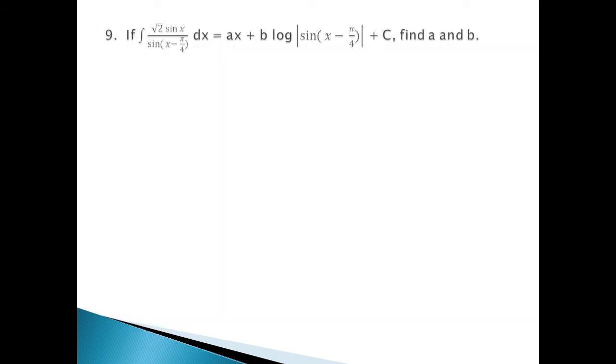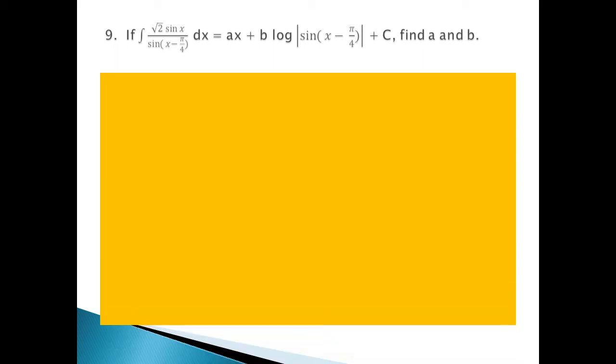The next question which I have taken up is question number 9, which says that if the integration of root 2 sin x upon sine of x minus pi by 4 dx is equal to ax plus b log of sine of x minus pi by 4, then you have to find the value of a and b. Like I say, you cannot split the denominator, so my denominator should have the least number of terms.